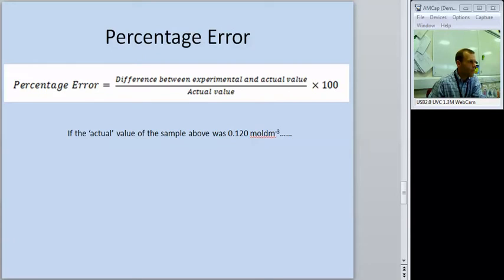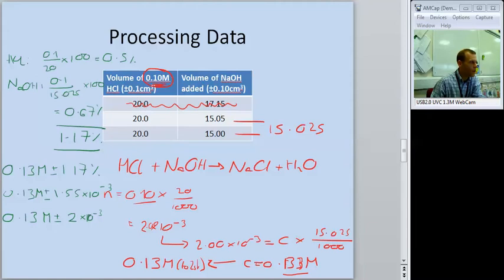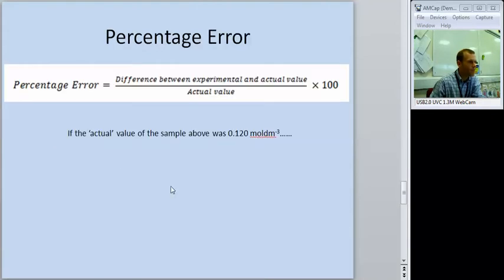Another small point, percentage error. So we're able to look up maybe data book values, and we can use them to work out how far away from it we are. Please notice this is different to percentage yield. So if that's our actual value, the value that we worked out is 0.13, which means, using this equation here, we found that it was 0.13.